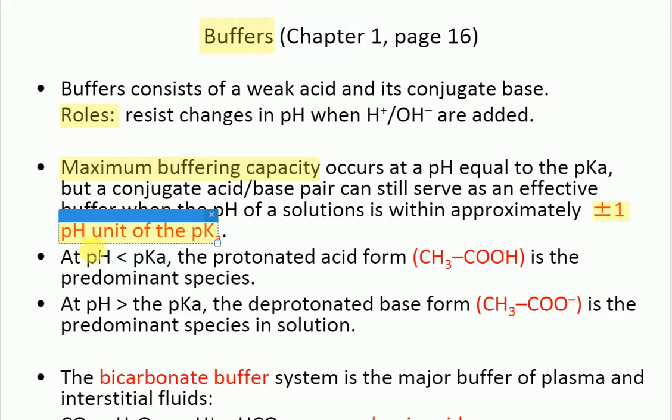When the pH is less than the pKa, the protonated acid form is the predominant species.